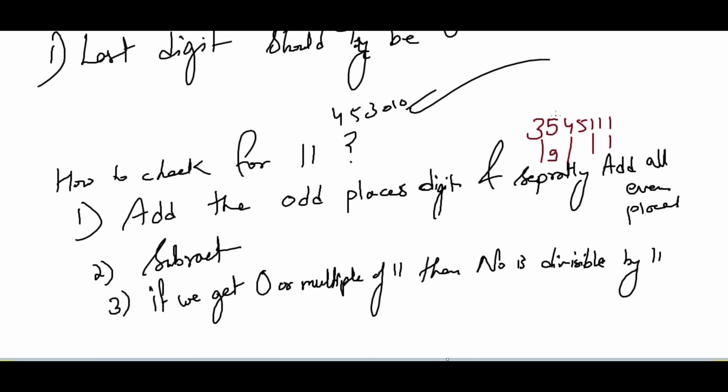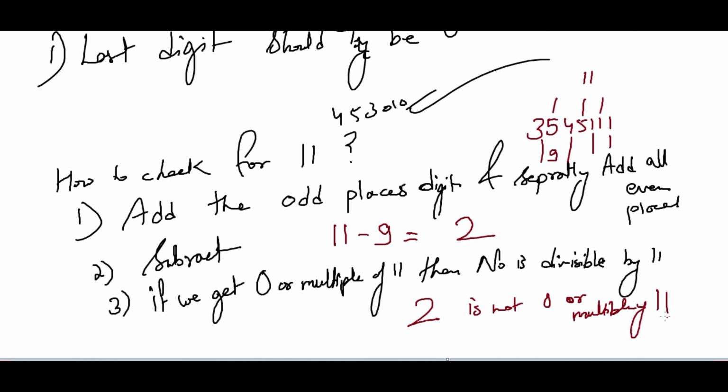Now I add the even places: 5 plus 5 is 10, plus 1 is 11. So I have to do 11 minus 9 or 9 minus 11. It's up to you, you can put it in a mod. So you get 2, and 2 is not 0 or a multiple of 11, hence not divisible by 11. Correct? That's how we can prove it very easily.